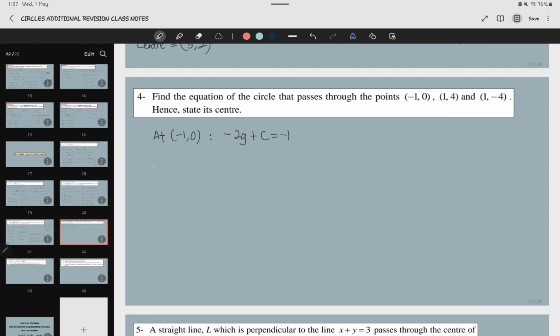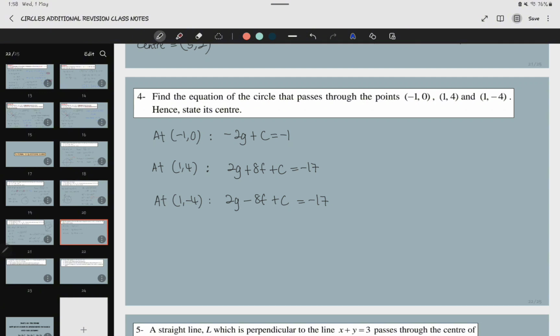So that is your first equation. At point 1, 4, you would get 2g plus 8f plus c equal negative 17, and at the point 1, negative 4, you will get 2g minus 8f plus c equal negative 17.